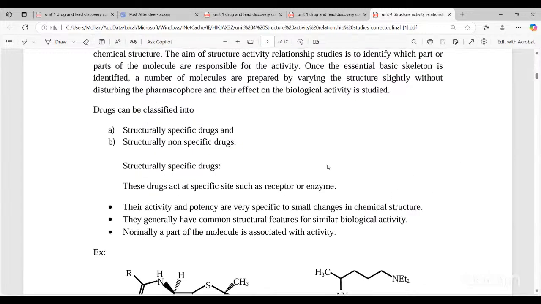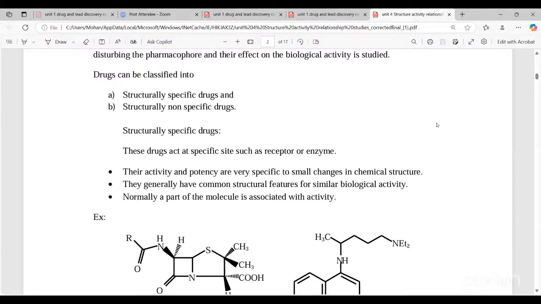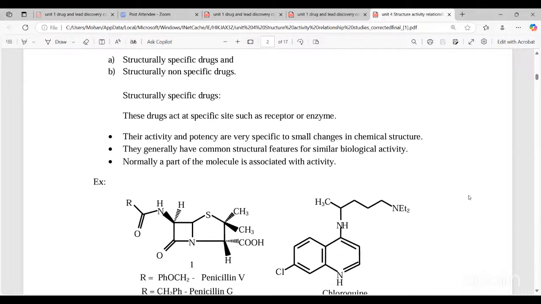Drugs can be classified into two types: structurally specific drugs and structurally non-specific drugs. Structurally specific drugs act at a specific site, a receptor or an enzyme. Their activity and potency are very sensitive to small changes in chemical structure. And they generally have common structural features for similar biological activity.